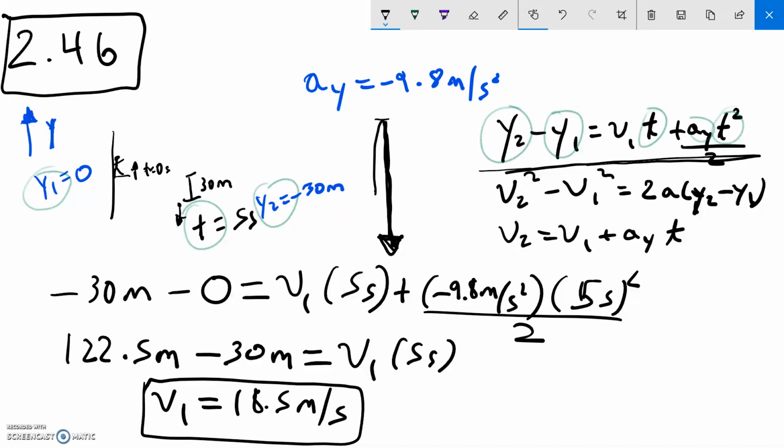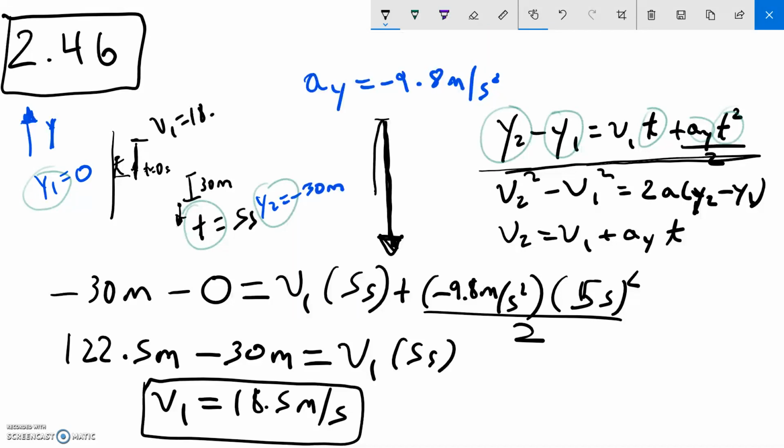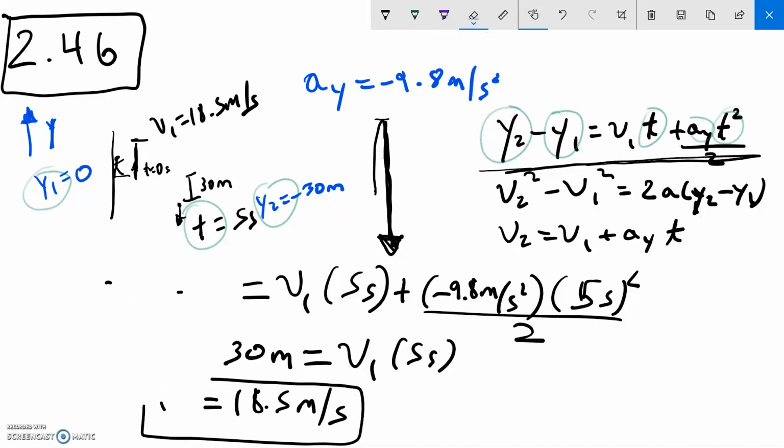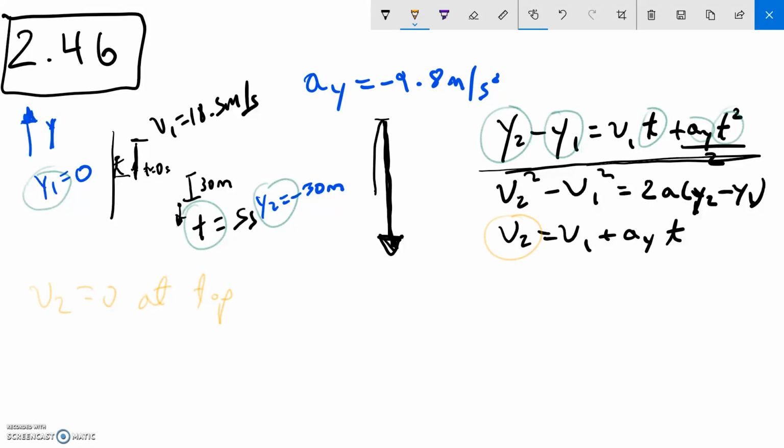Right. The other information we can find is what is the height of that maximum throw. And now that we have this V1, it will be even easier. All right, so to solve for that, I know that the V2 at the top is 0. It takes me one of these.